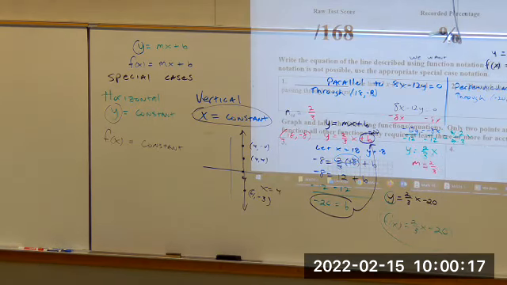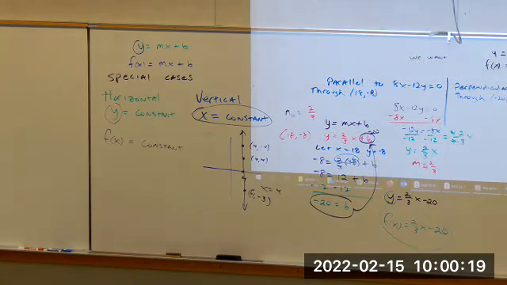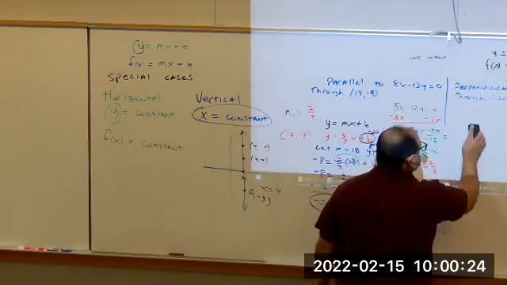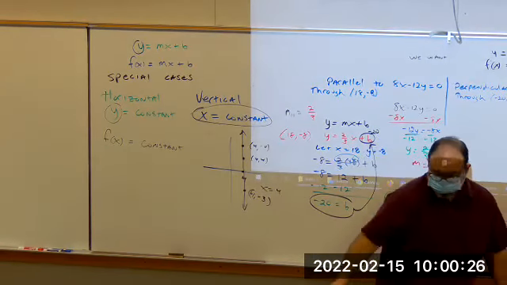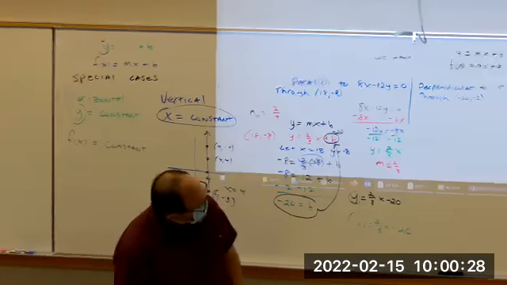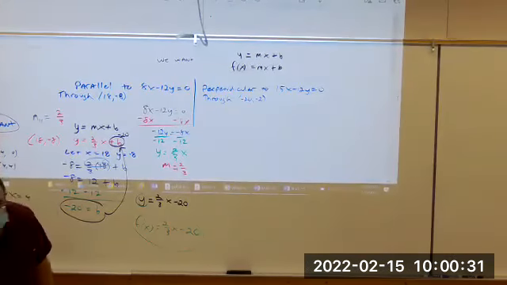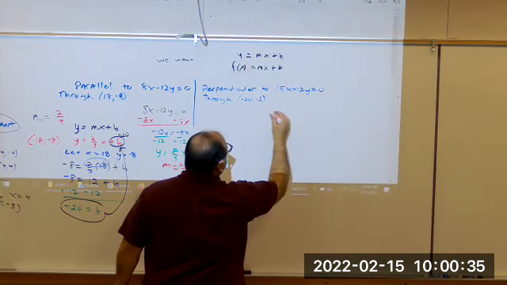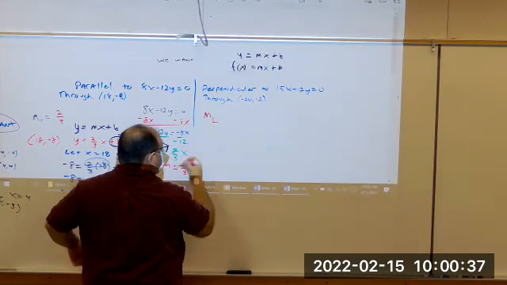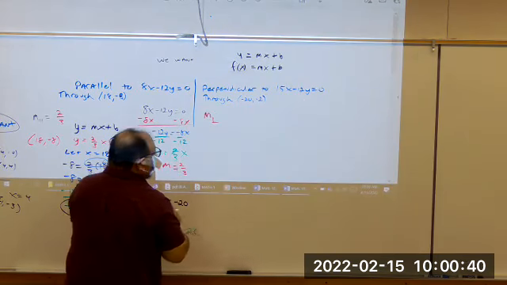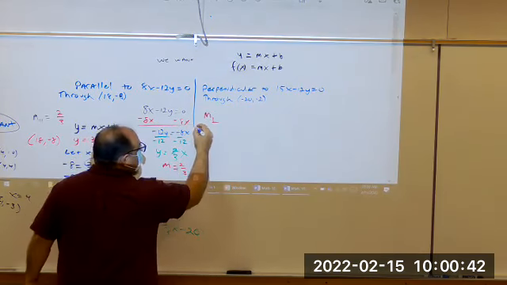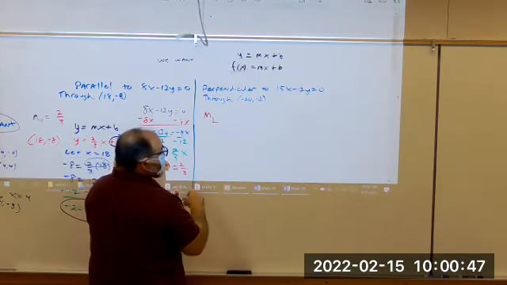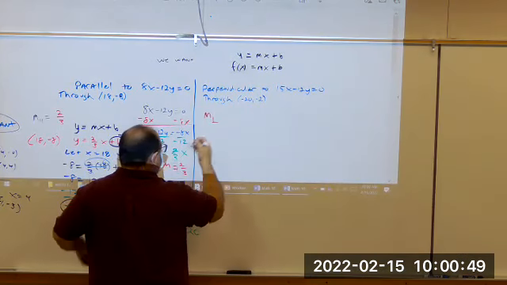So for the second one, we want perpendicular to this line, so I need the perpendicular slope. If the lines are perpendicular, the slopes are opposite and reciprocal.